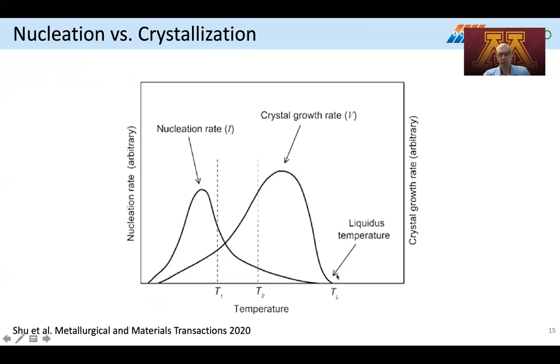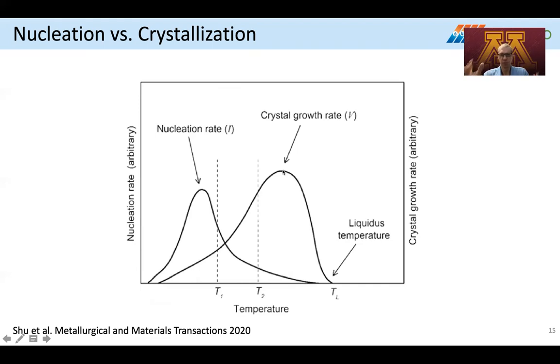And so what you'll see sometimes in these highly concentrated CPAs is that you get a lot of nuclei, but they haven't grown out because they're happening at a very low temperature. Or in the case of intracellular ice formation, like we talked about, you may have a single nucleus in a cell, and that may be enough to crystallize the entire cell.